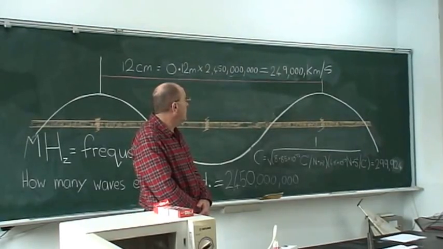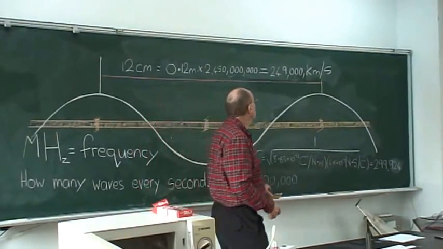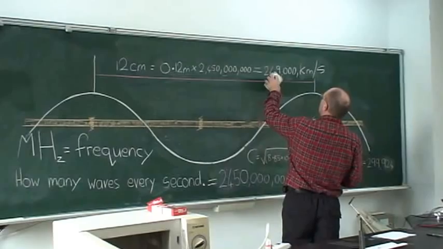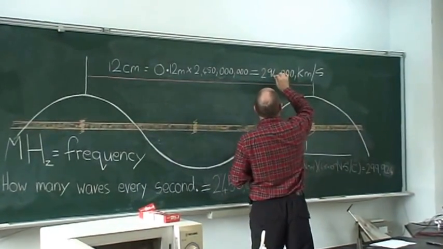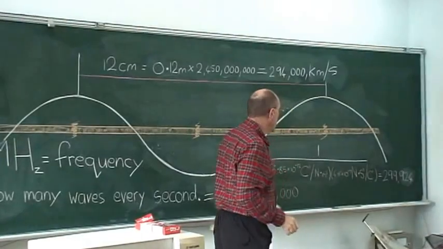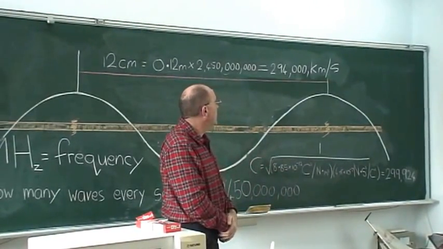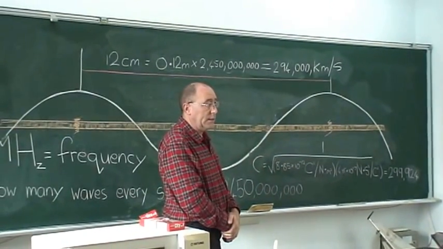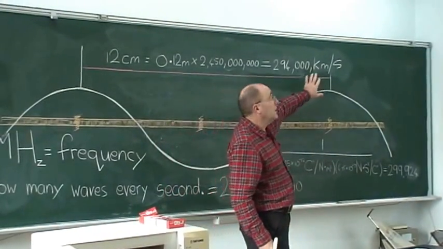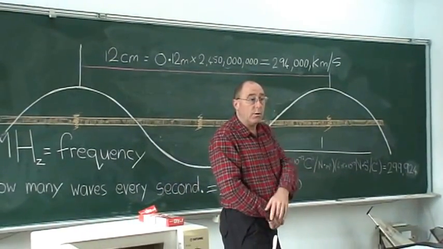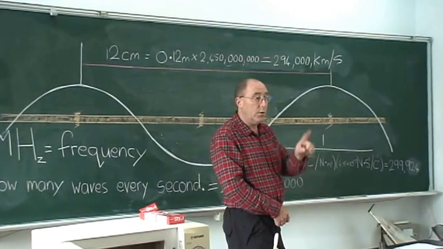Oh no, I've done the math wrong as well. It's 94. I've put that the wrong way around. 294, that's right. 294,000 kilometers every second. That's 7 times round the whole Earth, in the time it takes you to count 1.